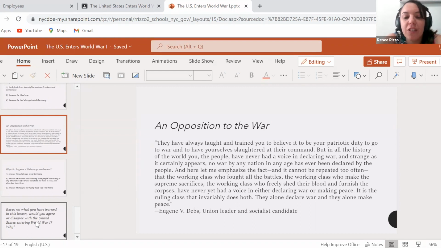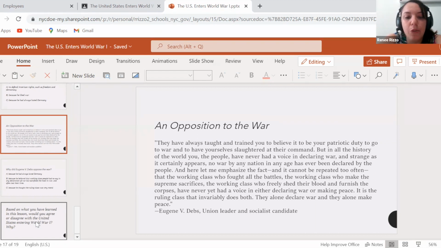And here let me emphasize the fact, and it cannot be repeated too often, that the working class who fought all the battles, the working class who make the supreme sacrifices, the working class who freely shed their blood and furnish the corpses have never yet had a voice in either declaring war or making peace. It is the ruling class that invariably does both. They alone declare war and they alone make peace.